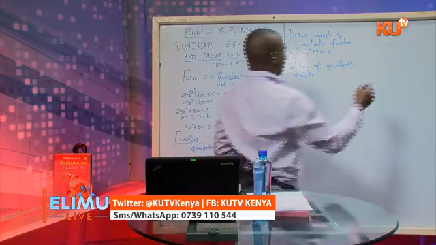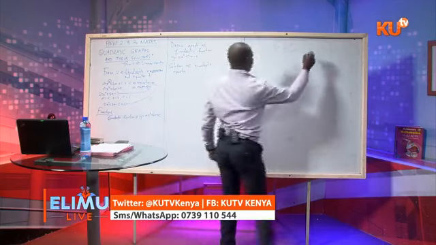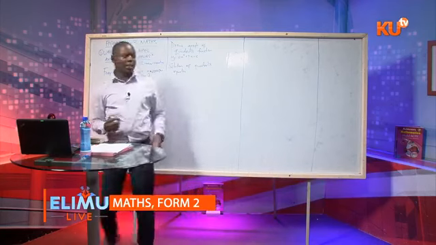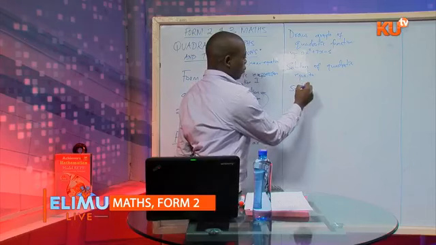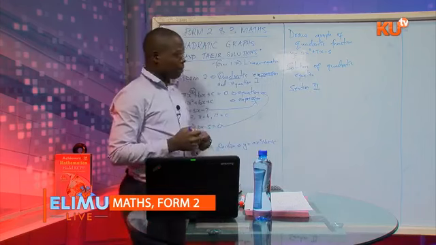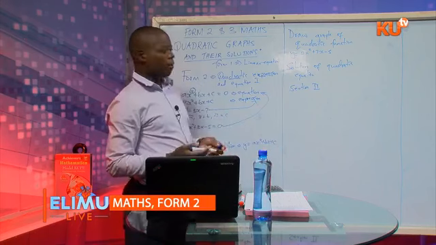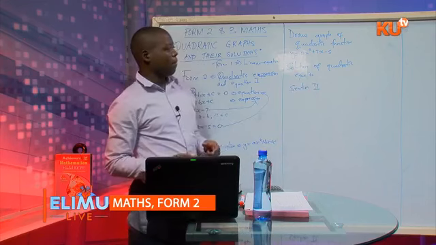This area is very important for those who are taking the subject. Specifically, when you're looking at section 2 of the mathematics exam, we are usually given graphs to draw. We keep on alternating depending on the year. We can have a year when we draw the quadratic graph.